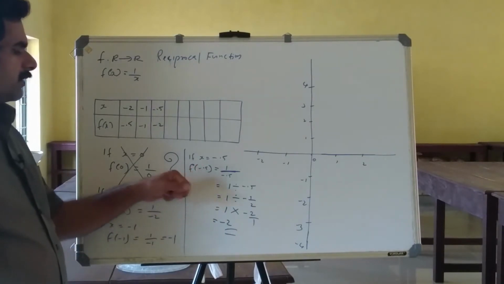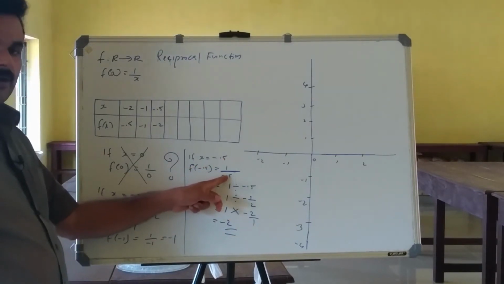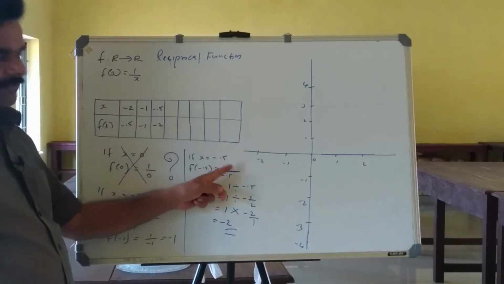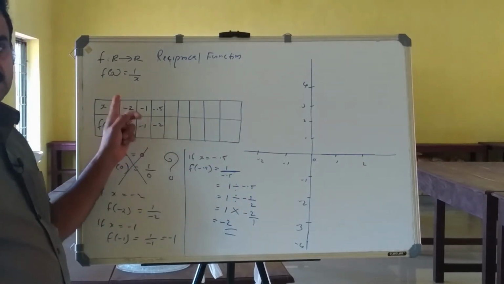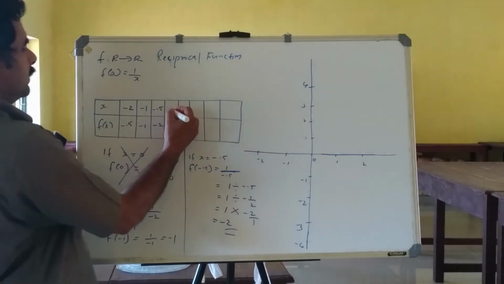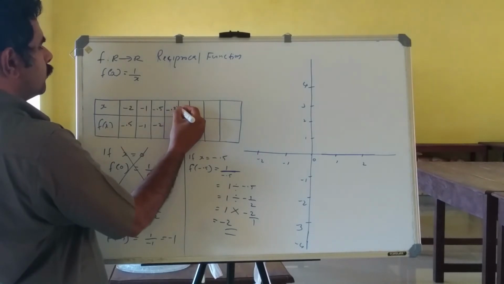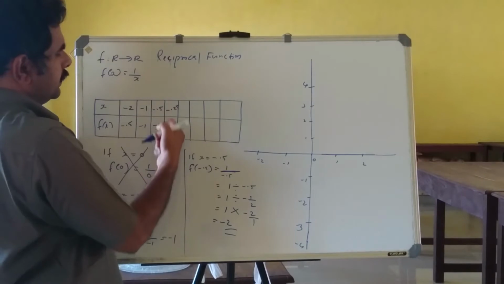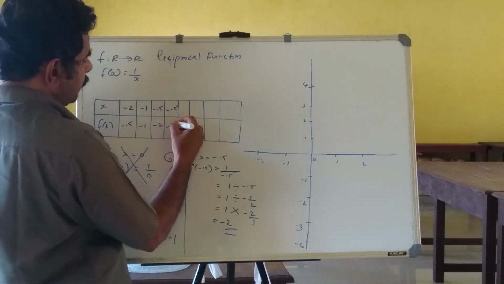f of minus 0.5, that is 1 by minus 0.5, then find its value by using the calculator. Its value will show us minus 2 for minus 0.5. Then what will be for minus 0.25? The same value can be calculated by using the calculator. Its answer will be minus 4.